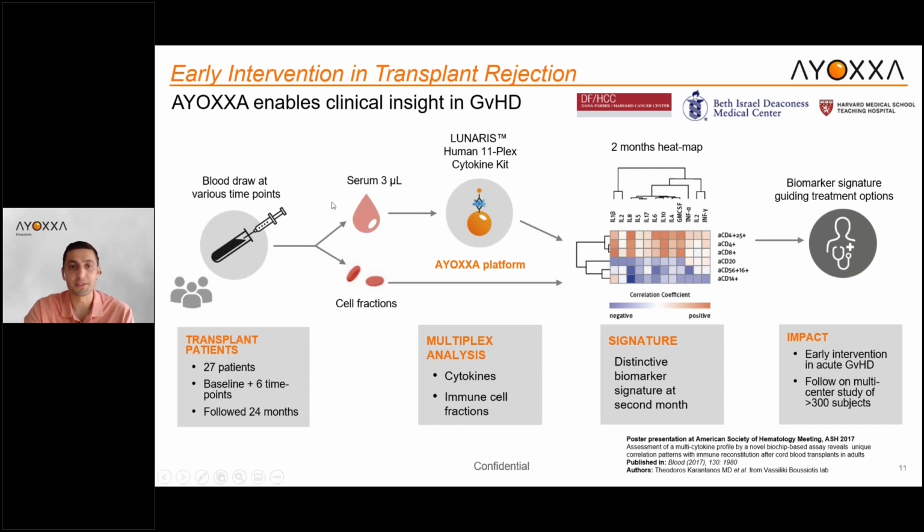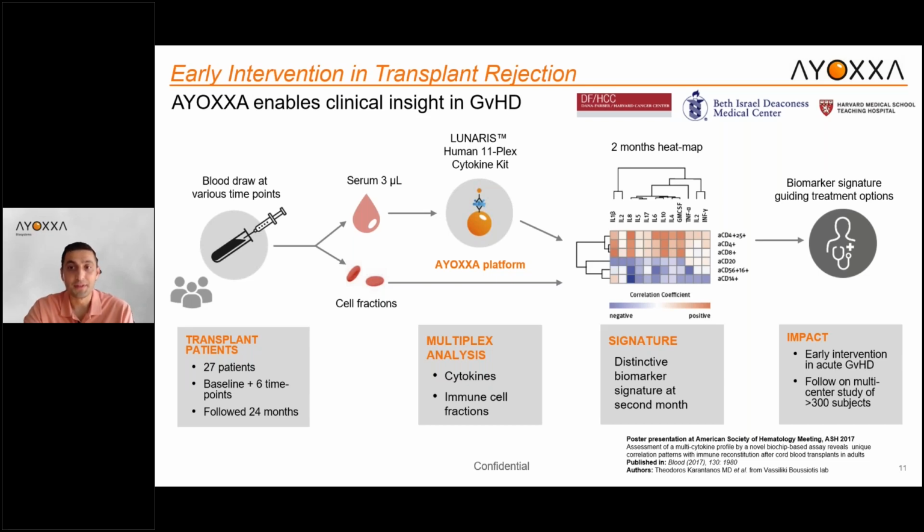Both serum and cell fractions from white blood cells were collected and profiled using our LUNARIS human 11-plex cytokine kit. Data was then analyzed to determine which biomarkers were up or down regulated for each cellular subtype at different time points, which I'll show you on the following slide.